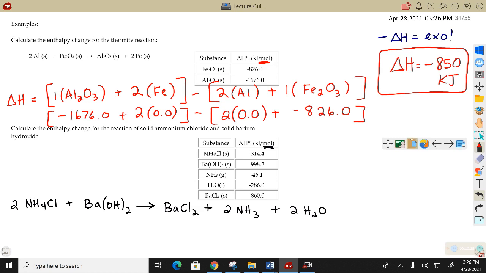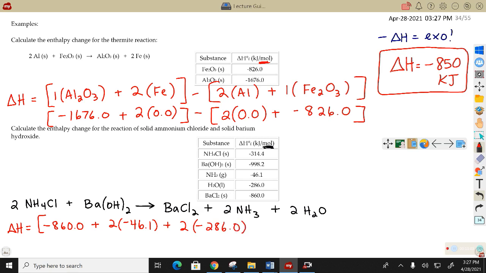Let's try it. Okay, so delta H is the total energy of all 3 of my products. So I've got the barium chloride, just 1 mole. So that'll be negative 860, plus 2 moles of the ammonia, negative 46.1, plus 2 moles of water, negative 286.0.